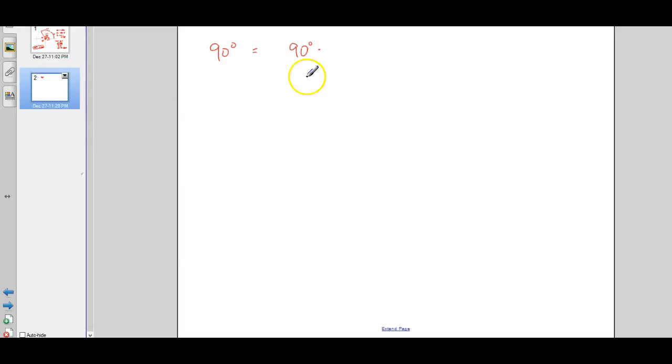So in this case, I'm going to put pi radians on top, with RAD abbreviating radians, and 180 degrees on the bottom. They're the same thing. So I can end up reducing this. 90 goes into 180 2 times, and I'm left with pi over 2 radians. So 90 degrees is pi over 2 radians.